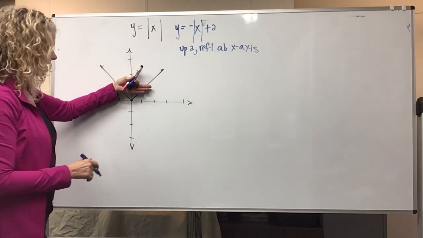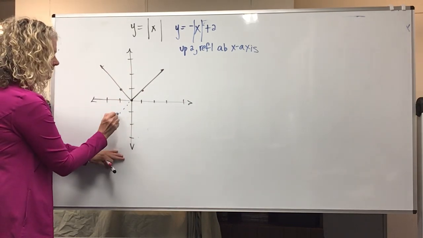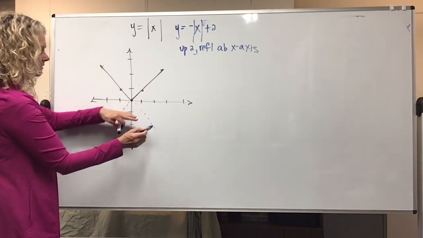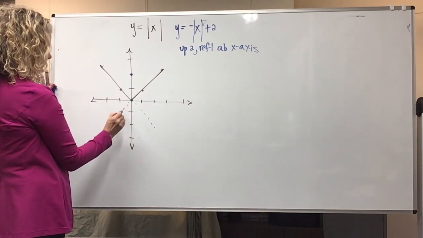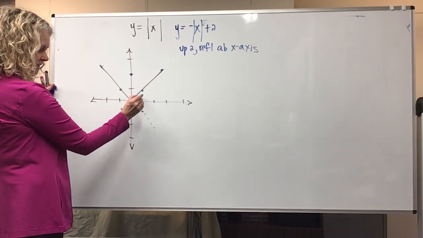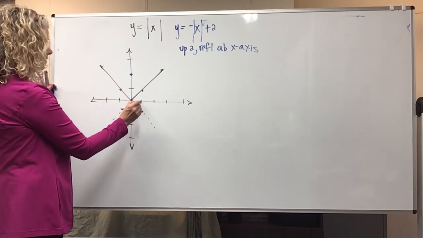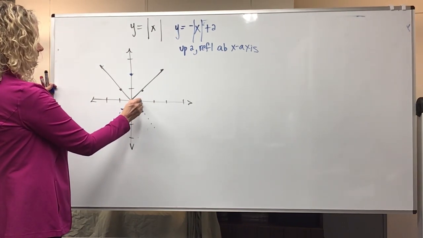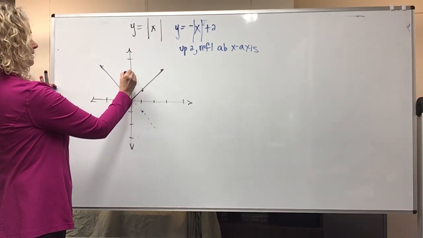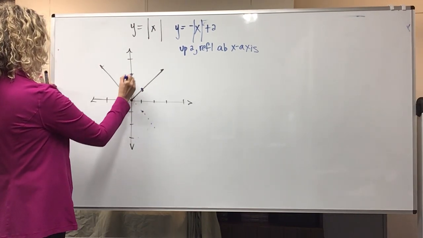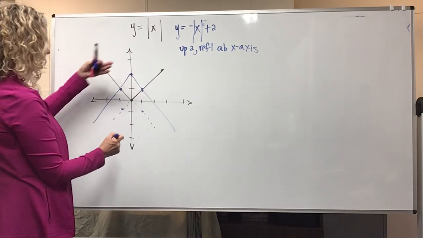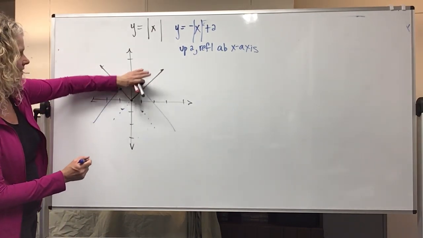So if you were to reflect this, notice you would have it upside down, and then you're going to move each point up 2. So instead of being 1 below the x-axis from the reflection, you are right here. There we go. Notice it is flipped and up 2.